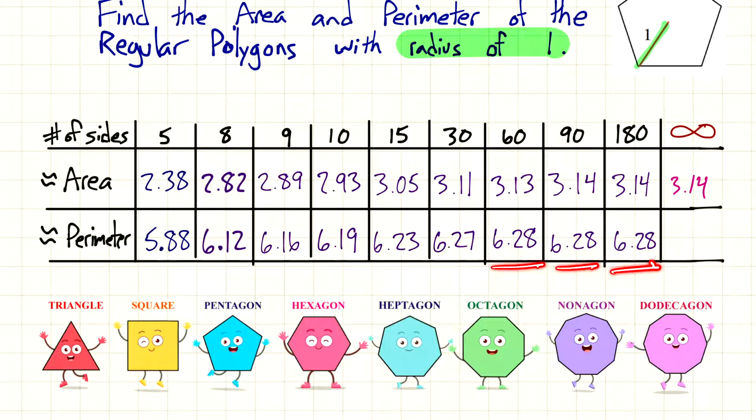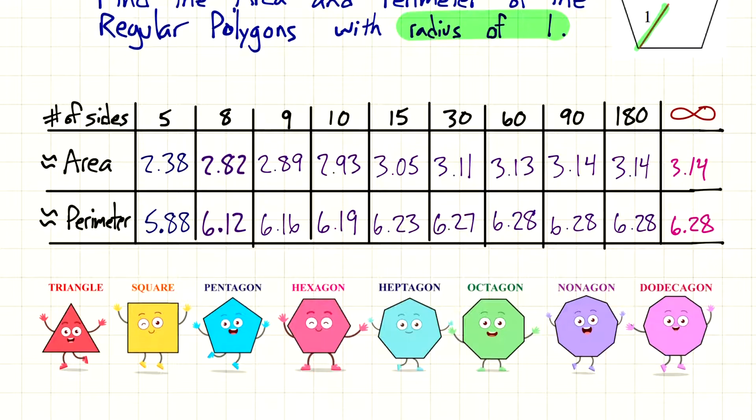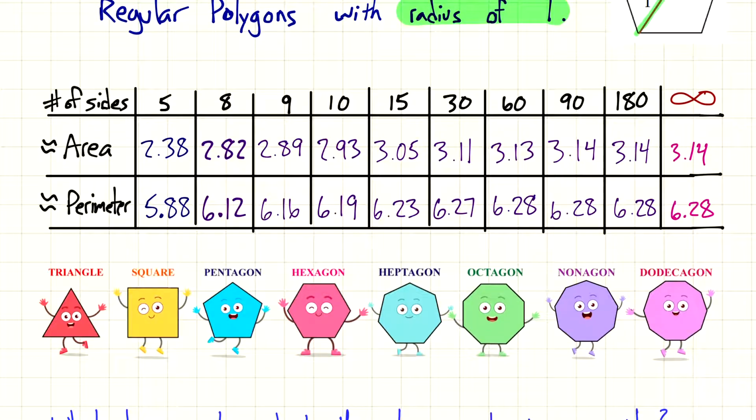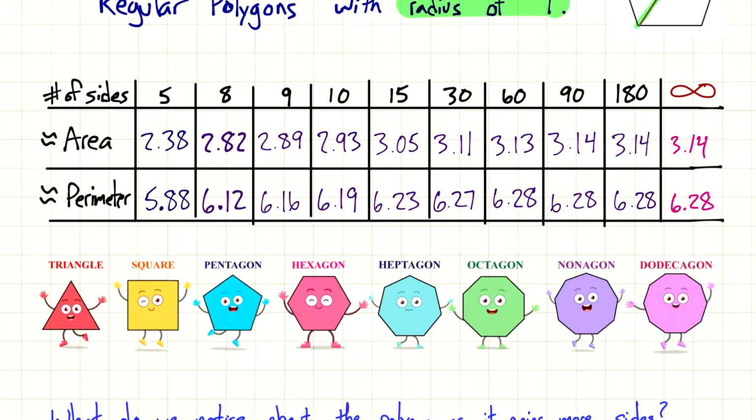So we could imagine that if it has an infinite number of sides, we're going to end up at approximately 6.28.